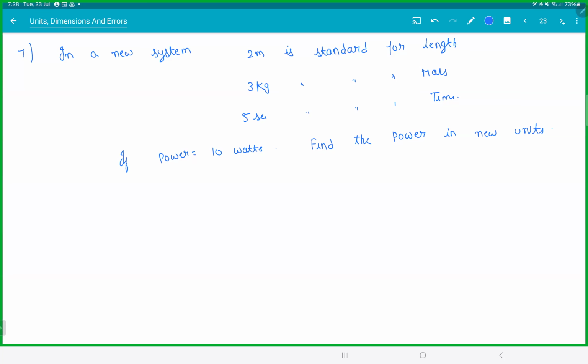Be careful, 2 meter for length. Maybe you took 2 kg for mass. So, yeah, 625 by 6.